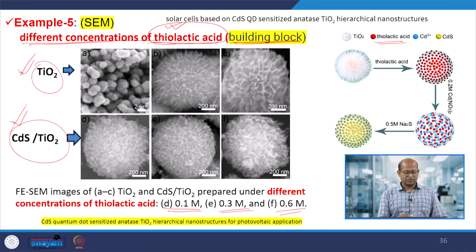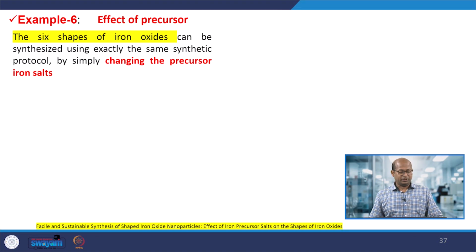By changing concentrations you can see the structure also changes. If you change a particular material's concentration, it affects the overall structure, image or morphology of the material we have prepared.